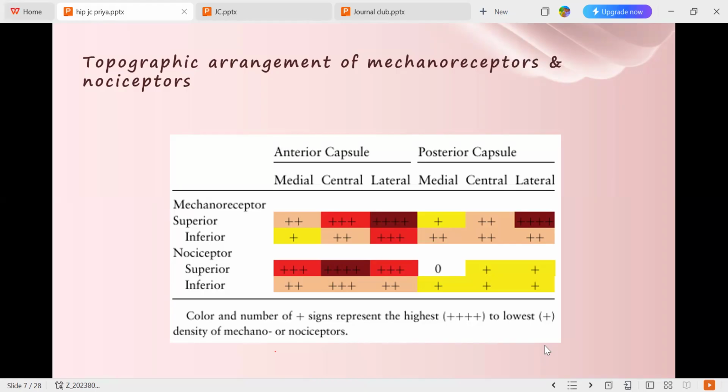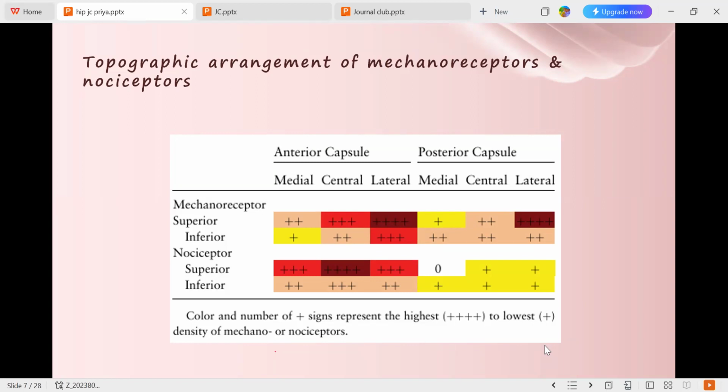Since nociceptors are more numerous in the anterior capsule, the blocks we perform target the anterior capsule. But the posterior capsular nociceptors are usually silent, and the mechanoreceptors are more numerous and play a main role in proprioception and joint sensation.